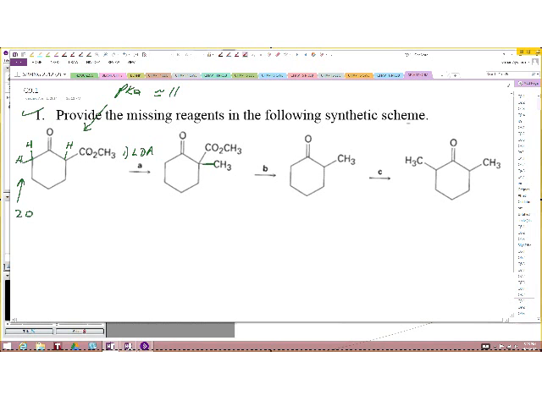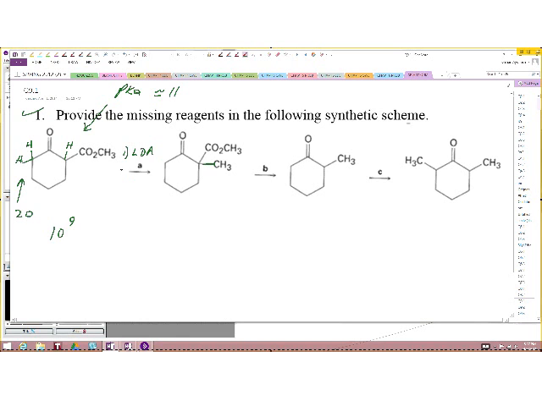So therefore, this hydrogen here is about 10 to the power of 9 more acidic than this hydrogen here. So the LDA will simply come here, abstract this hydrogen here to form the enolate, because it's a lot more acidic than this one here.